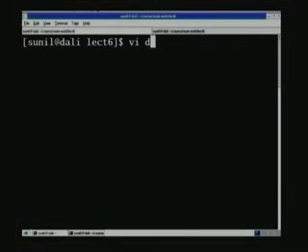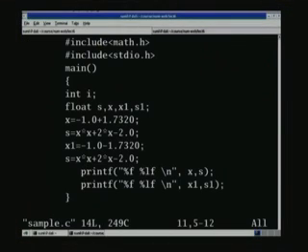I have a small program here which would look at this. I have represented these two solutions. One solution is minus 1 plus root 3, and I have taken root 3 as 1.7320. I just took it like that, because I think that's the only precision my machine has.